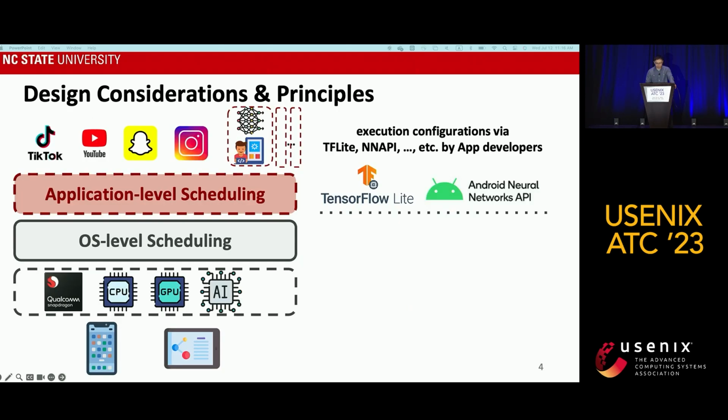So the main aspect of scheduling we focus on in this work is the execution configuration that affects the use of computing units, which is essential for the performance and power consumption of the DNNs. The relevant factors include some that are controllable at the application level and some at the OS level.